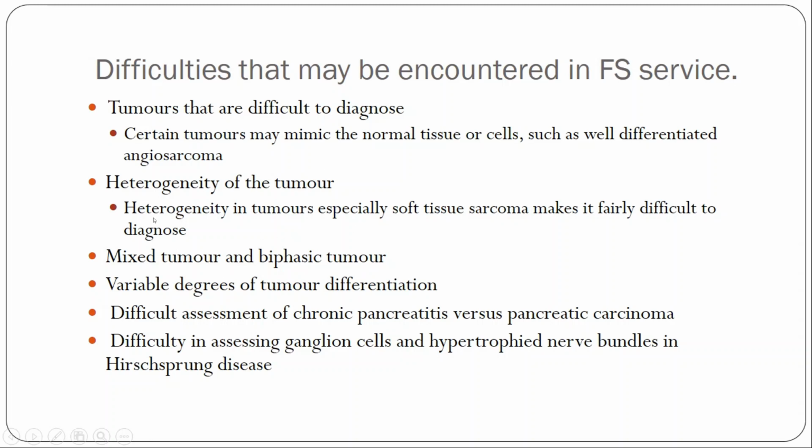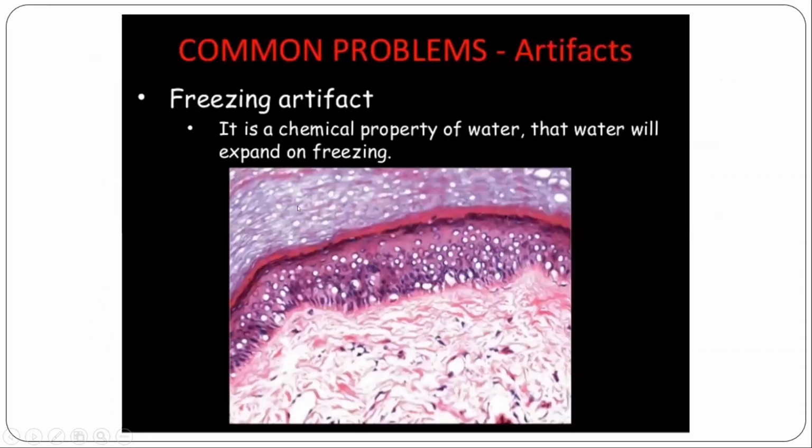So it depends on where you sample. It might not be the best representative of the tumor, so it's a bit difficult, especially in frozen section, where we just examine a small piece of tissue. Okay, mixed tumor or biphasic tumor is very difficult. So these are some of the difficulties that we found.